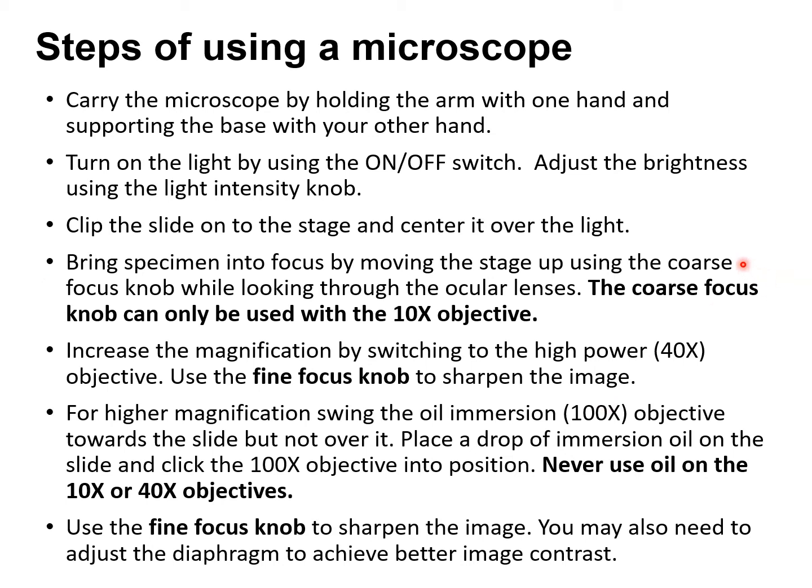Remember how I said the coarse knob can bring your stage up and down? So if you want to view the specimen, you keep rotating that coarse knob, and that's going to start raising your stage. You keep raising it, okay, as you're looking through the ocular lens, and then you stop raising your stage once you see something through that ocular lens.